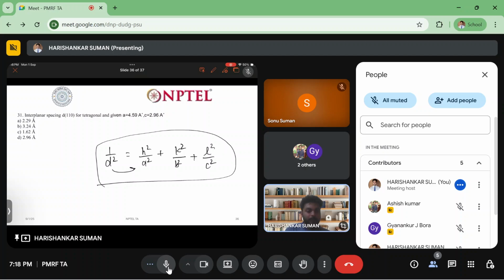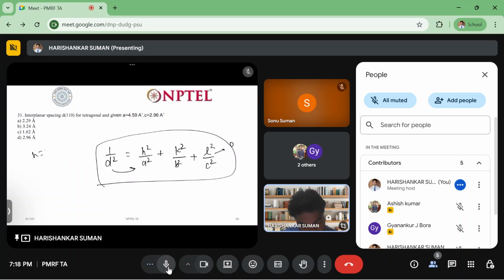Now please let's calculate this. l equal to 0 because h k l is 1 1 0. So let me put this equal to 0.